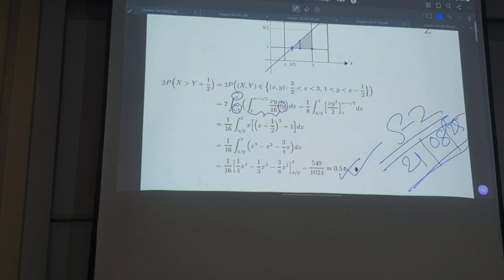There are many things in this chapter, and one thing that I forgot to include is Bayes theorem.